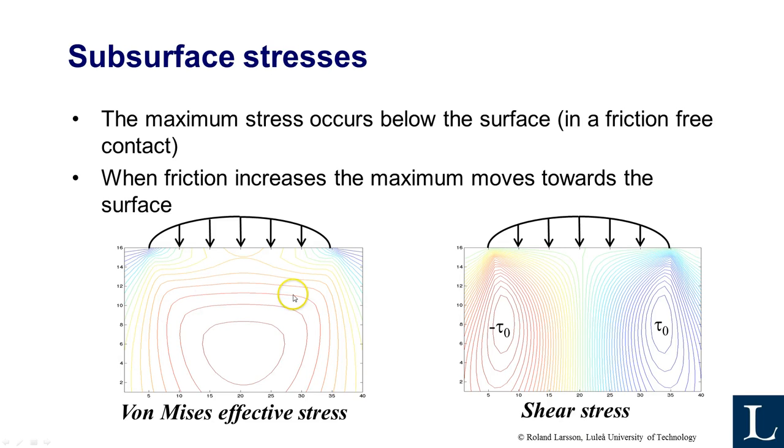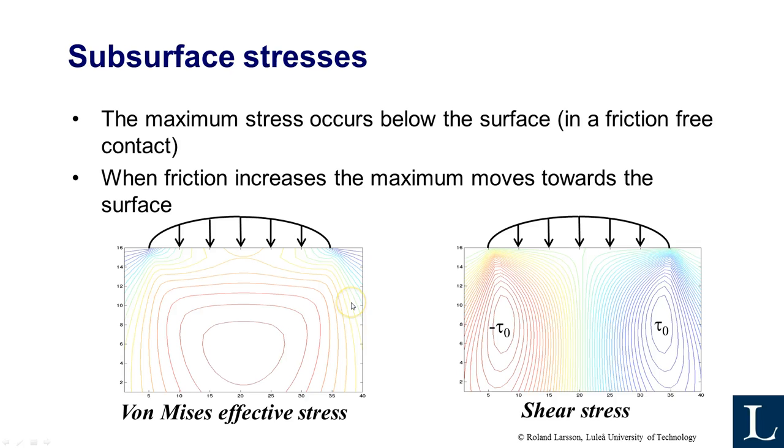So if this is the surface, and then you have your contact pressure, Hertzian contact pressure up here, and if you compute the von Mises effective stress, you will find that the maximum stress is some distance down into the material. This distance depends on the size of the contact, the magnitude of the pressure, etc. But it can be pretty far down, almost millimeters down into the material.